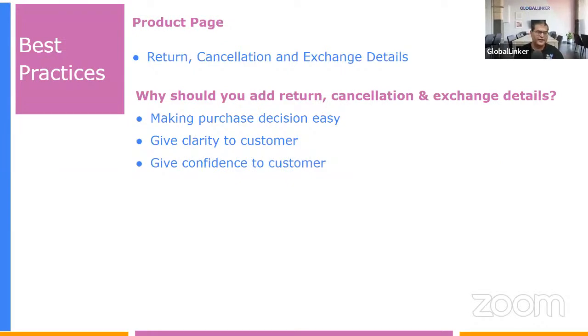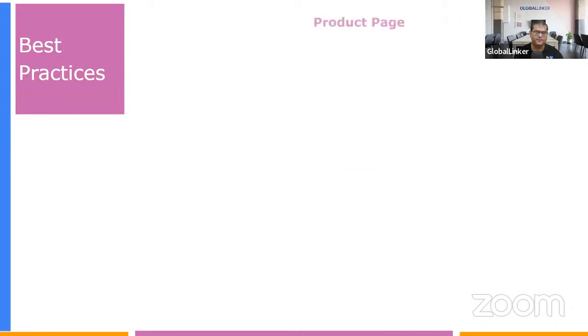They have clearly mentioned their return, exchange, and cancellation policies on the product itself, and they are not hiding anything. That's where the customer gets more confident about buying the product from you. It avoids unnecessary confusion, so people don't assume when the information is presented correctly and properly in front of them.